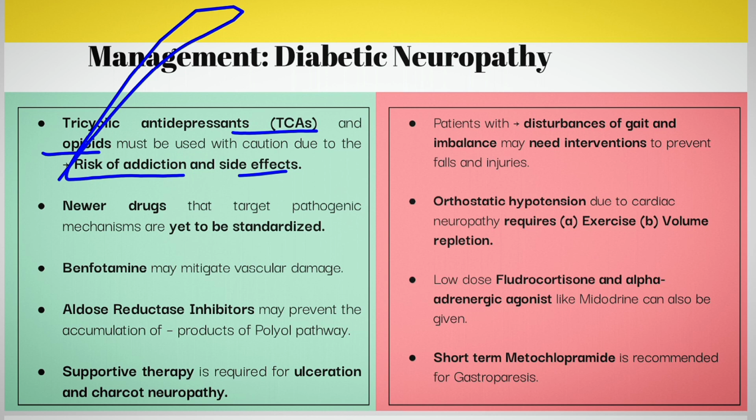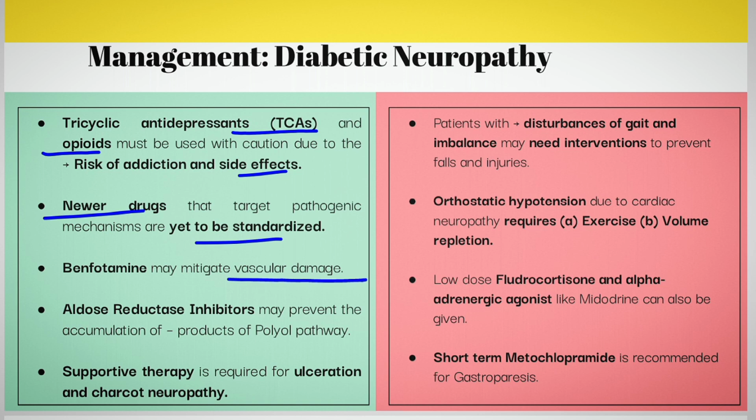For any newer drugs which are targeting the pathogenic mechanism, standardization is still required for the use of these newer drugs. Benfotiamine can mitigate the vascular damage. The aldose reductase inhibitors can prevent the accumulation of the products of the polyol pathway.